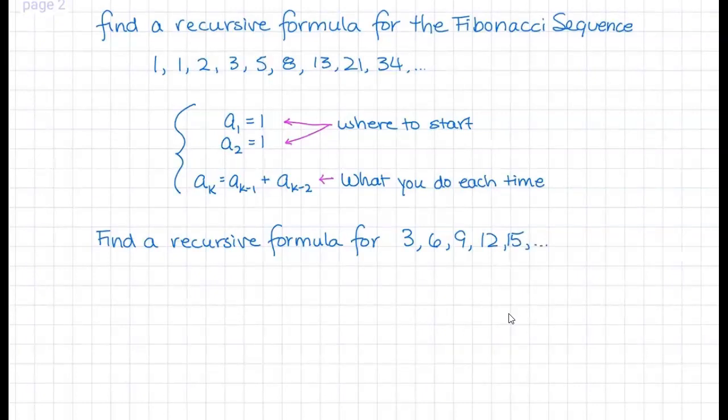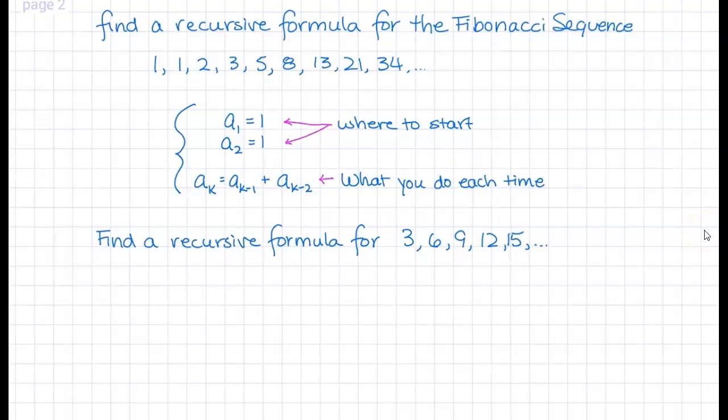So we know it's the multiples of 3, but remember when you're doing a recursive formula, you want to be able to describe what you do each time. So what do I do each time to get to the next term? To go from 3 to 6, I add 3. To go from 6 to 9, I add 3. To go from 9 to 12, you add 3. To go from 12 to 15, you add 3. And so you're just adding 3 each time.